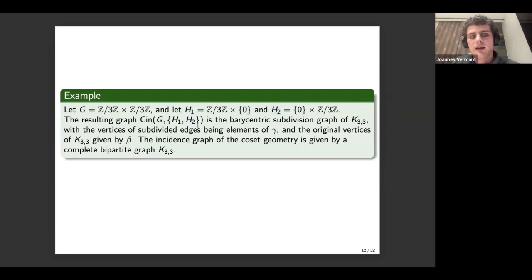And then the resulting graph will be a barycentric subdivision of K33. So the vertices in gamma will be the vertices that subdivide the edges, and the vertices of K33 will be given by beta. And then the incidence graph of the coset geometry is precisely given by the complete bipartite graph K33.